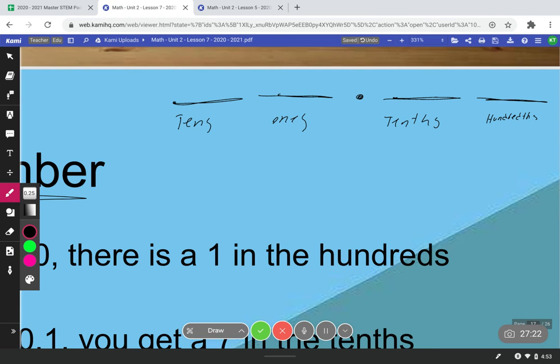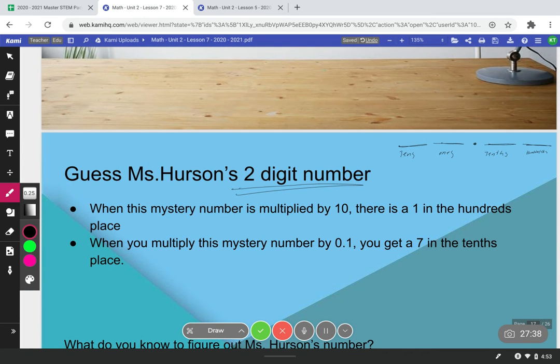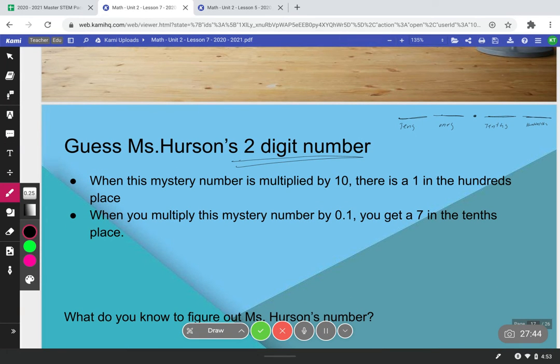So it can be in the tenths and ones place, or it could be the ones and tenths place, or it could be the tenths and hundreds place. We don't know. All we know is that it's a 2-digit number, and we need to use these clues to figure out which number and the place value. So the digits and the place value.